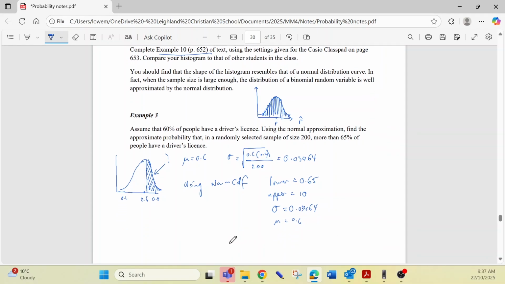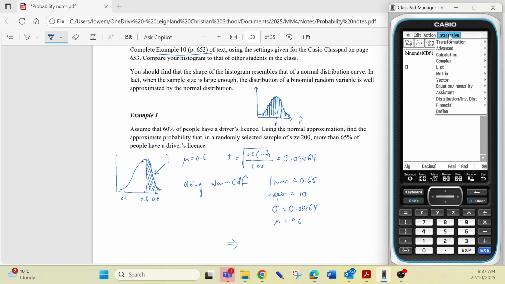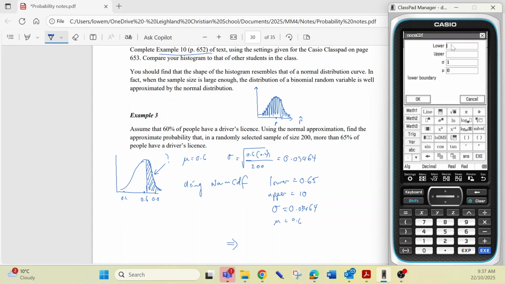So then when we stick that in the calculator, we're going to find here interactive continuous CDF, lower at 0.65, upper 10, this 0.03464, mean 0.6.